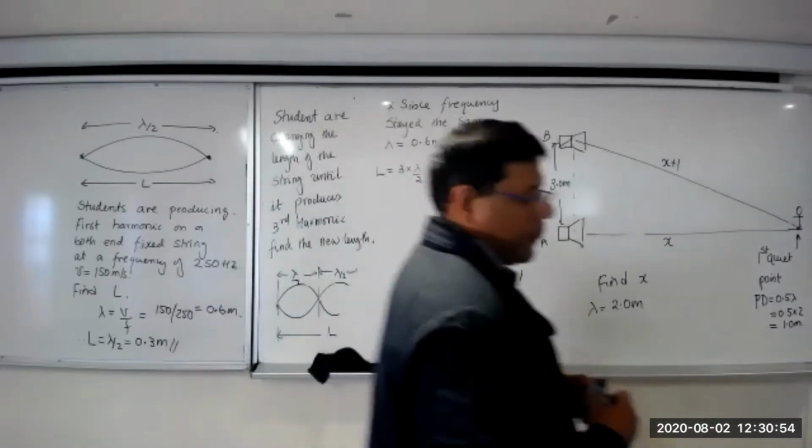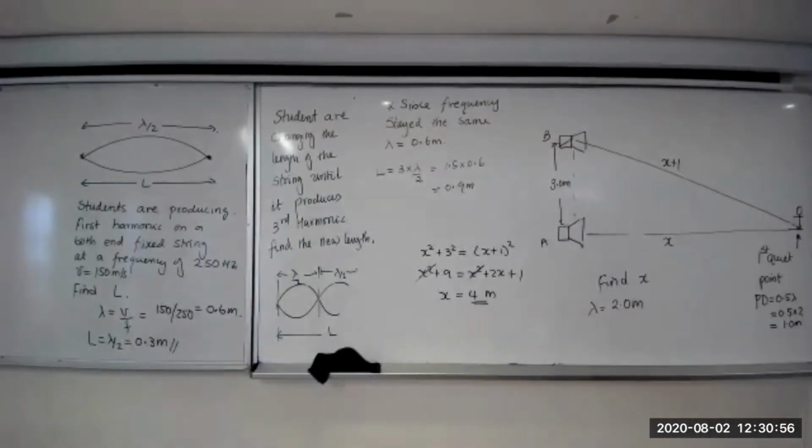So the path difference is equal to 1 meter because first point means 0.5 lambda.